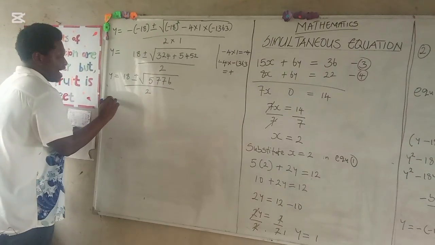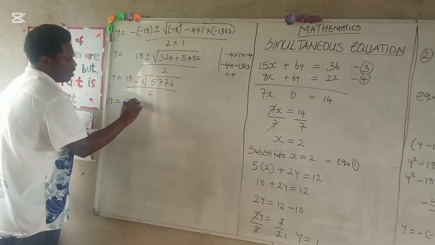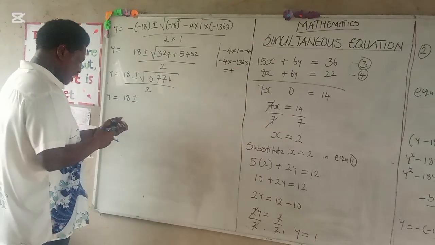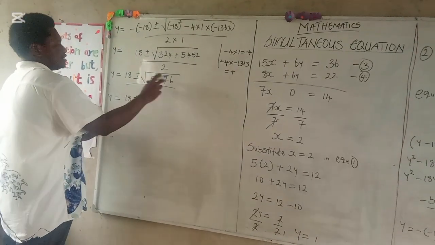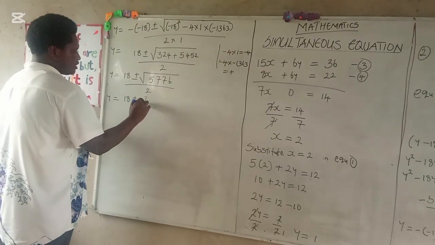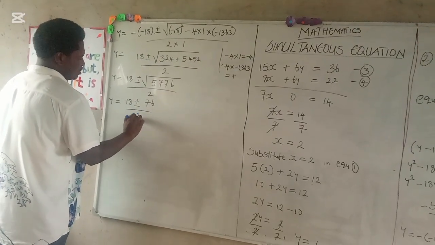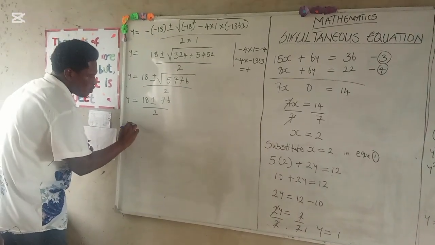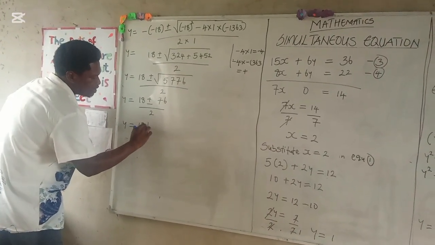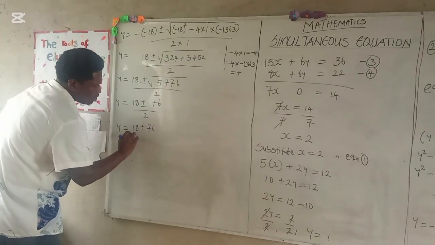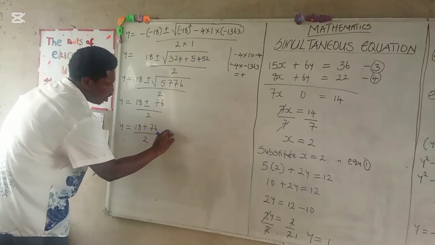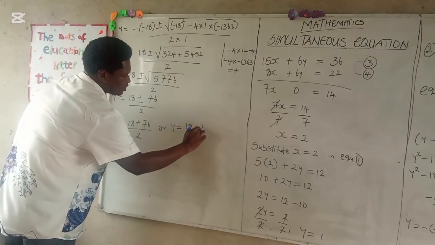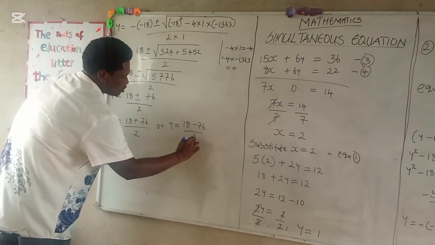So we have that y is equal to 18 plus or minus the square root of 5,776, which will give us 76, over 2. So at this point we see that y will be equal to 18 plus 76 over 2, or y will be equal to 18 minus 76 over 2.